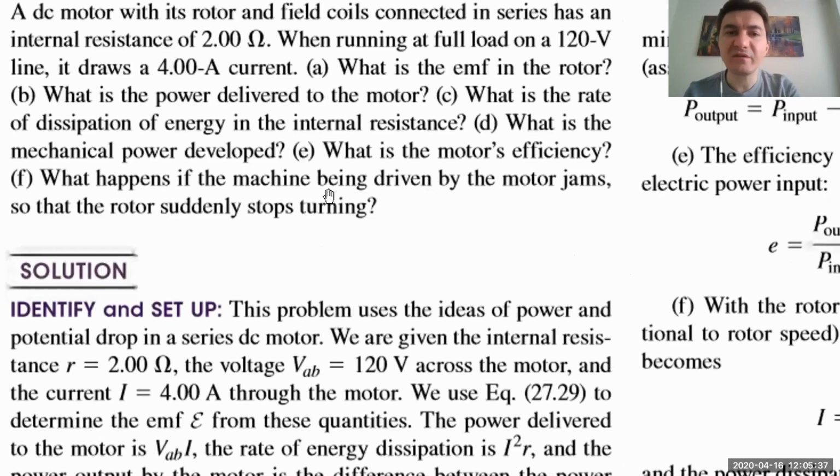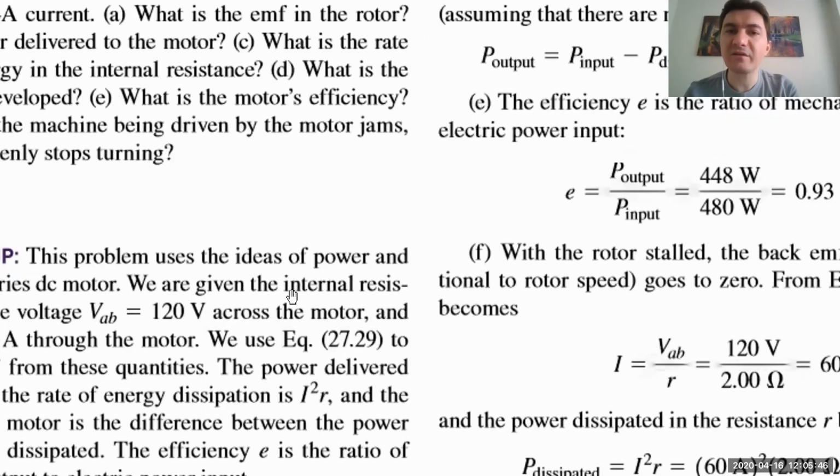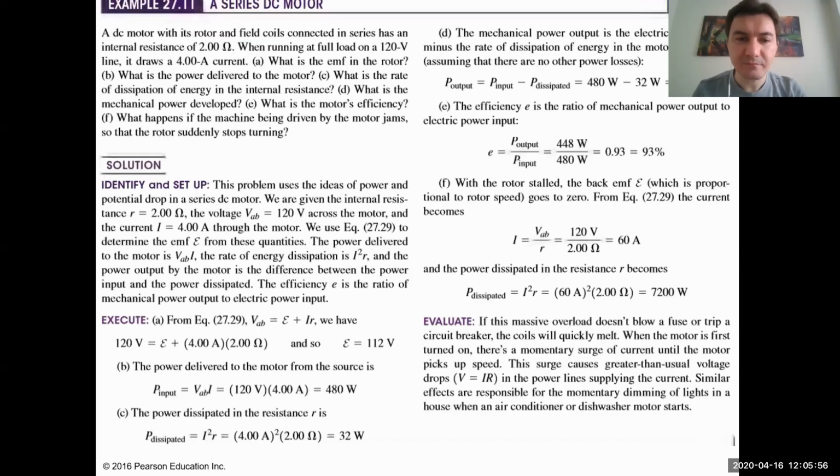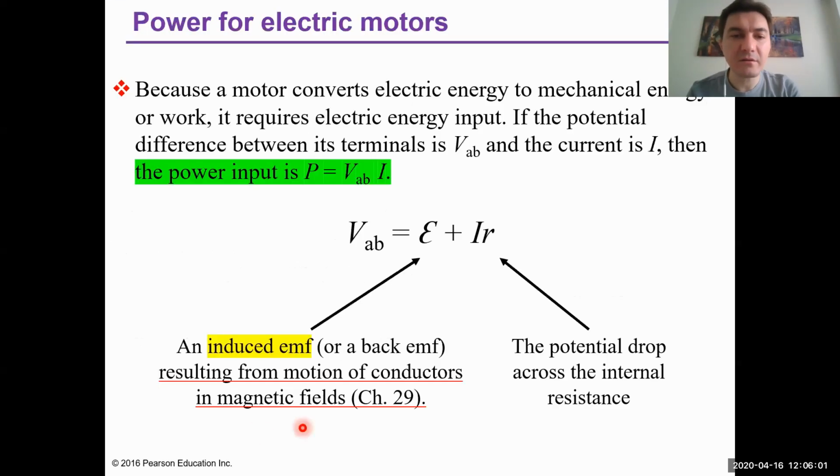So now here we have another question. What happens if the machine being driven by the motor jams so that the rotor suddenly stops turning? So let's consider that the motor is stopped. When the motor is stopped, the back EMF will be 0, because we have learned that the back EMF or induced EMF results from motion of conductors in a magnetic field.